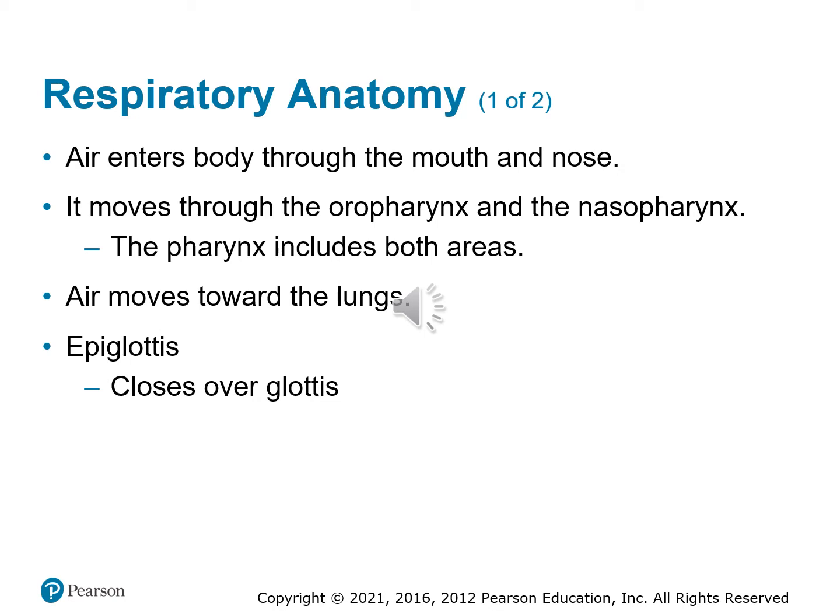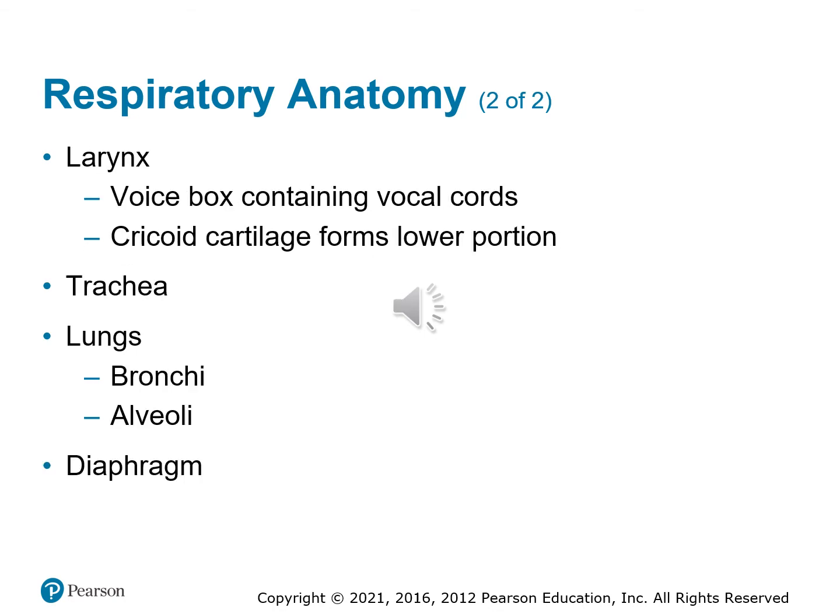The trachea and the esophagus are kind of closely related, and the epiglottis helps to control which one is open at which moment. So the epiglottis closes over the glottis, and the glottis is the opening to the airway.